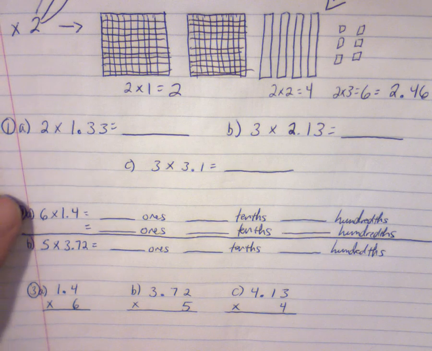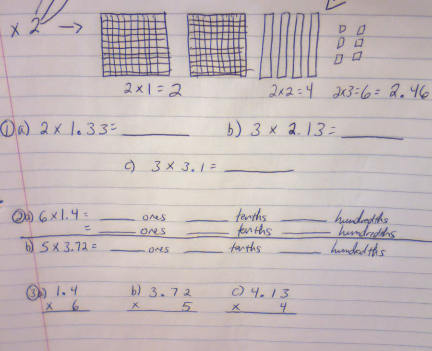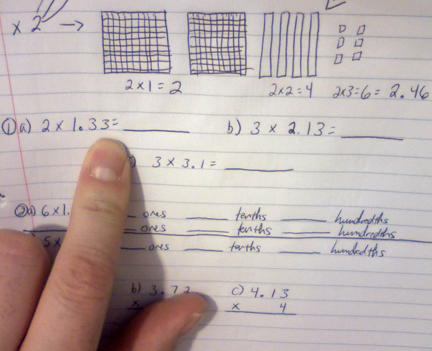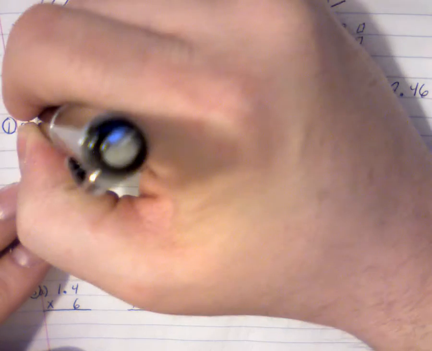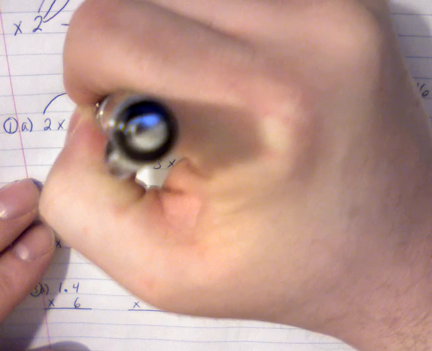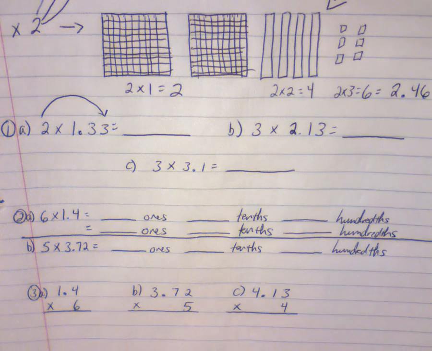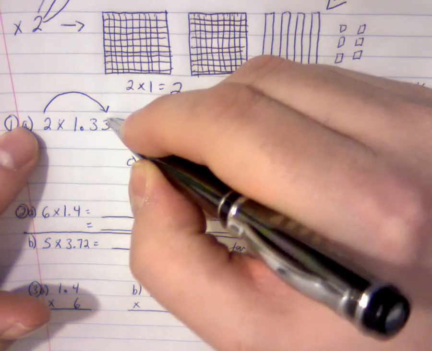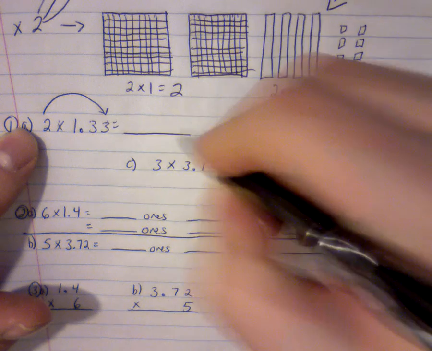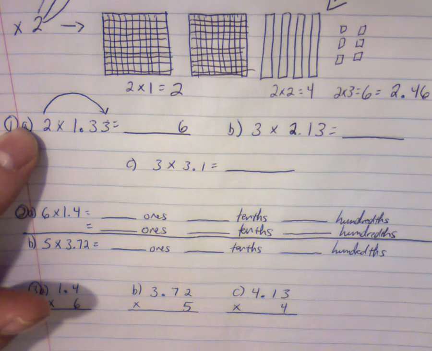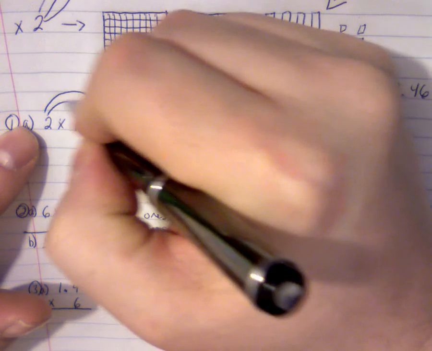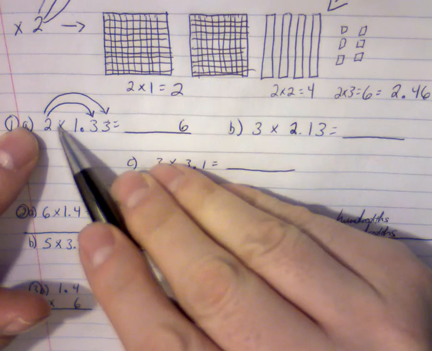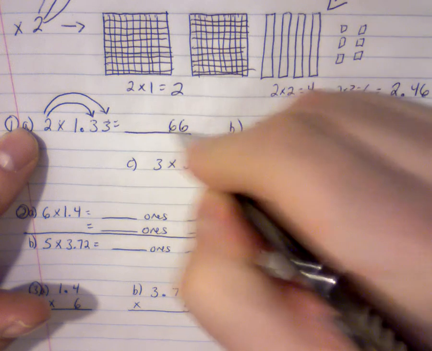What I always like to do is start out working with the far right. Always multiply by the far right. So 2 times 3, and we put that number to the far right, because we start on the far right and work our way over to the left. 2 times 3 is 6. We do it again: 2 times 3 is 6.